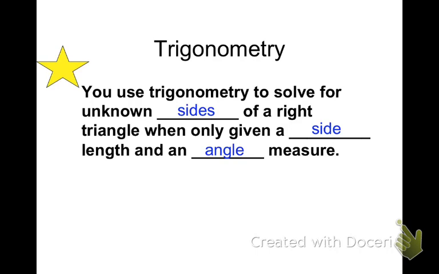Well, what is this ratio? It was opposite over hypotenuse, adjacent over hypotenuse, opposite over adjacent, right? So it was a ratio of two sides. Well, if I know that the ratio of two sides has to be something over something, and I know what the decimal needs to be, can't we solve for that unknown side?